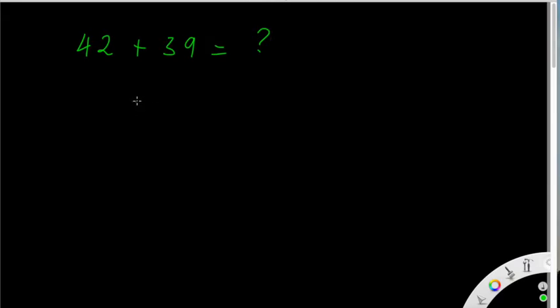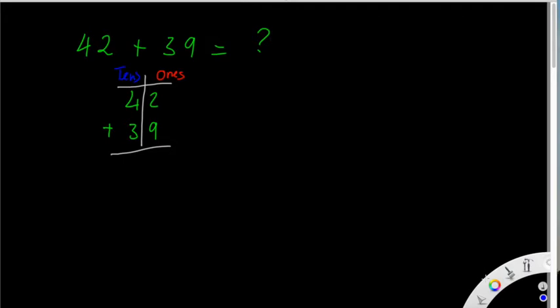First thing first, we put them vertically. So 42 plus 39. I'm gonna draw the T. I'm gonna label ones and tens.